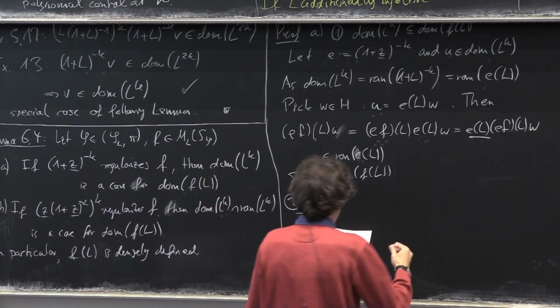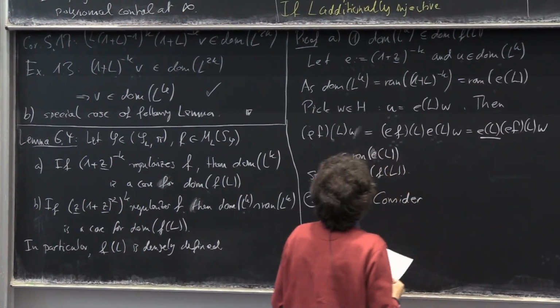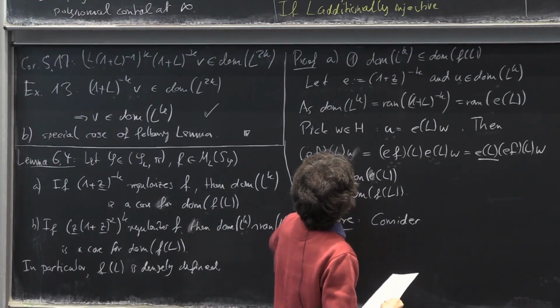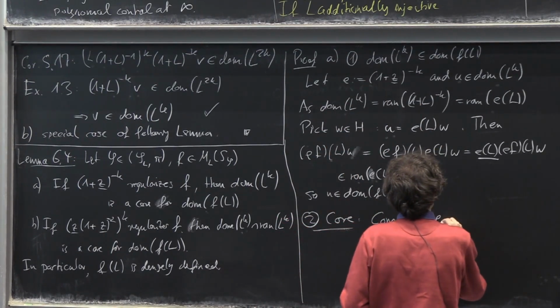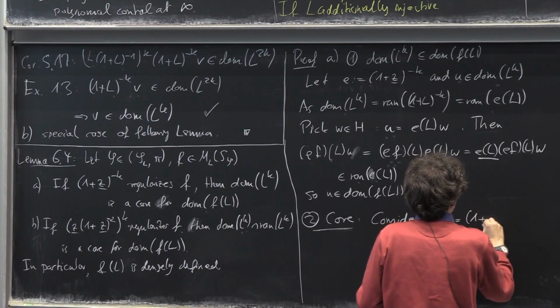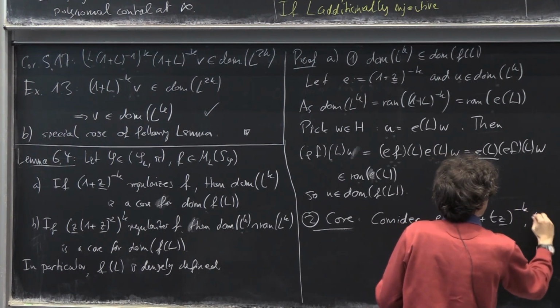Okay, so what we do for this, we take our regularizer up there and put in an additional parameter. I will denote this by E_t. So this is the function (1 plus tz) to the minus k for t positive.